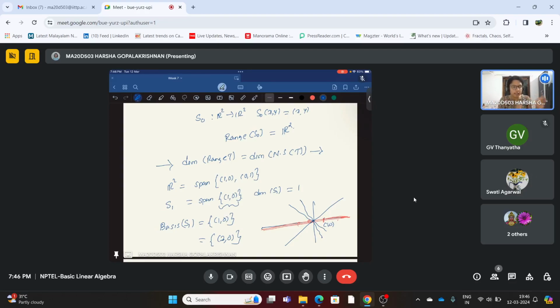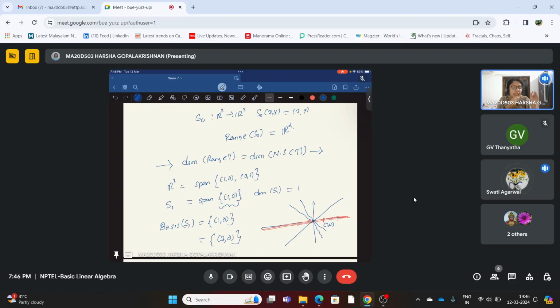Okay, keep that aside. Now I am coming to the linear transformation from R2 to R2. For any linear transformation, the range is a subspace of R2. Means T from R2 to R2, range means the set of all elements in the second R2 of the form T(x,y).